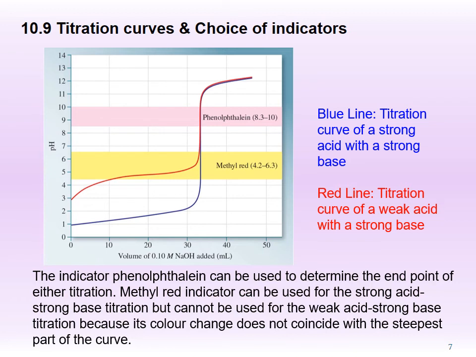Methyl red indicator can only be used for the blue curve, that is, the strong acid, strong base titration, but cannot be used for the red curve, that is, the weak acid, strong base titration, because its color change does not coincide with the steepest part of the curve.